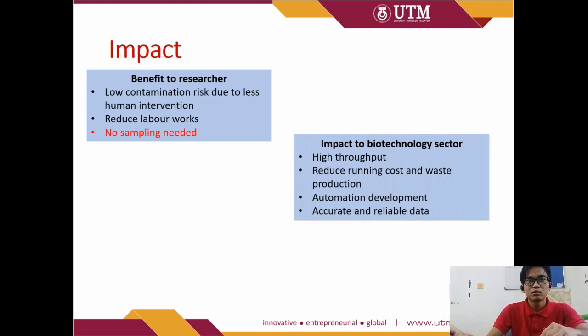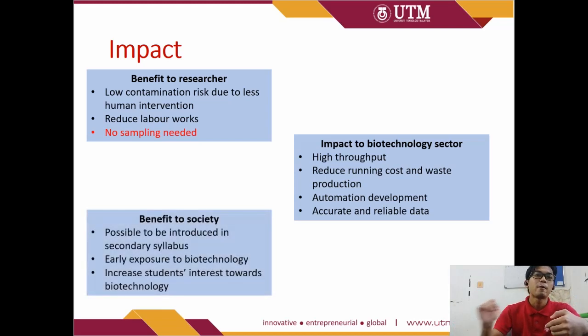The second impact is toward biotechnology sector, where it is high throughput, so we can reduce running costs and waste production. So it also pioneers the automation development in this biotechnology sector, and also we can depend on accurate and reliable data from the experiment using this prototype.